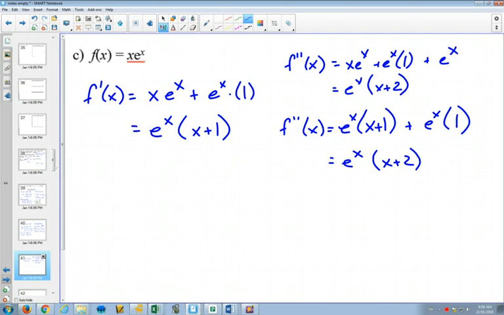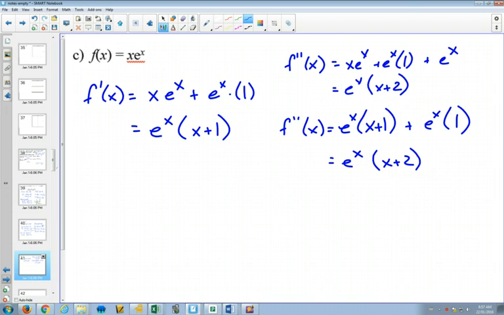So either way, often when you're doing the second derivative, it is helpful to do some simplification first, and then that helps you get the derivative. I think in this case, it looks like it's about equal, whether I simplified and factored that first derivative and then found my second derivative, or if I just started with what I had to begin with.